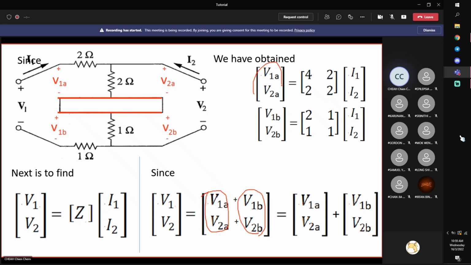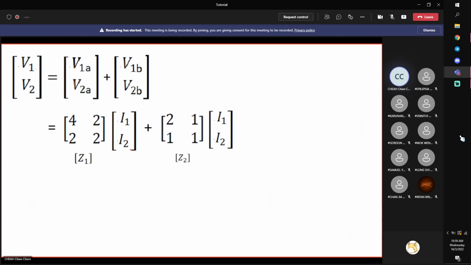Now, V1A and V2A, V1B and V2B can both be expressed in terms of I1 and I2. So they have the same current. You can see that I replace this by my impedance model over here, which I modeled.